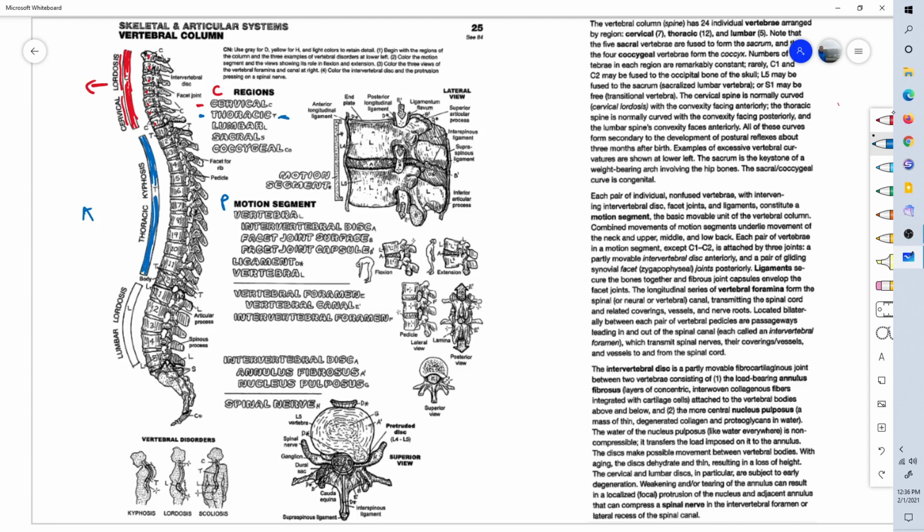And therefore it is not a lordosis, but it is what is called a kyphosis. It's pushing backwards or towards the posterior, called a kyphosis. And of course, it's the thoracic kyphosis because it's in the thoracic region of the spine. And that's the region of the middle section of the spine.